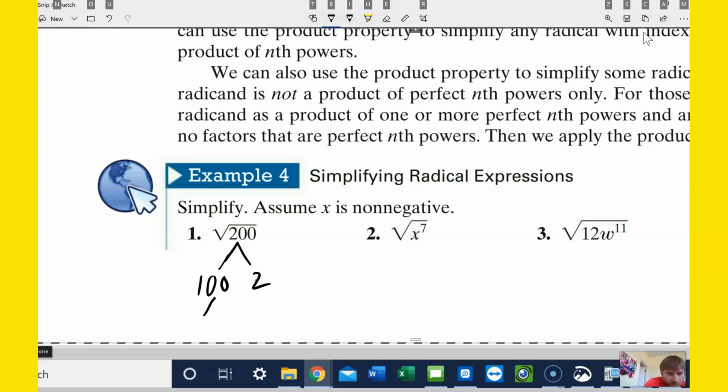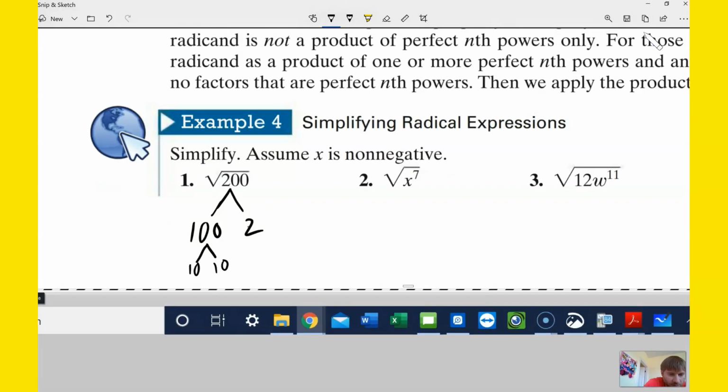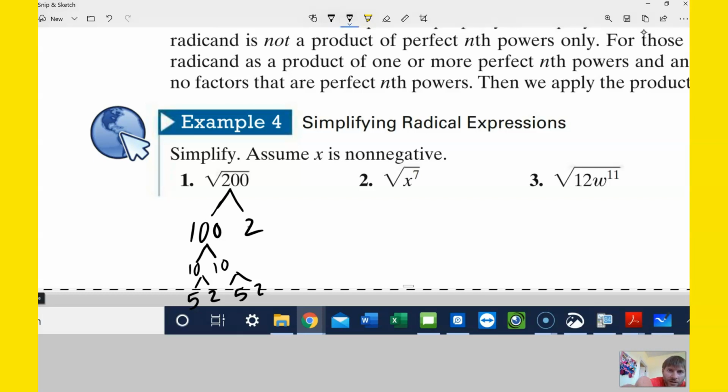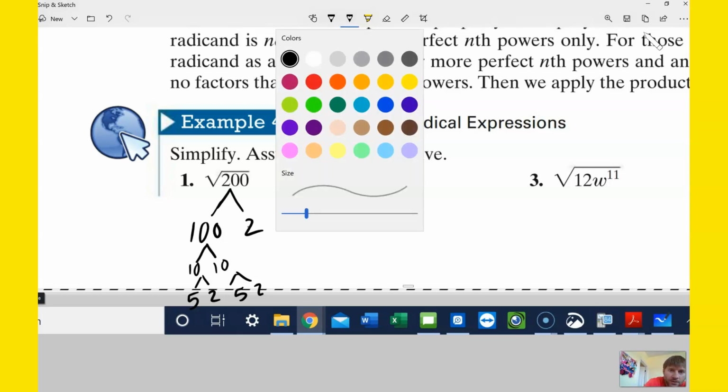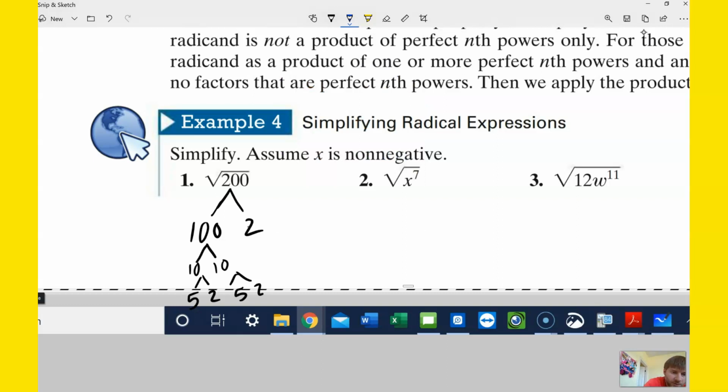And then 100 breaks down to 10 times 10. You could break it down other ways, and then 10 breaks down to 5 times 2, and the other 10 breaks down to 5 times 2. So we look for 2 of a kind. We look for pairs. All right, and we have a pair of 5s, right here and right here. So that means we have a 5 come out.